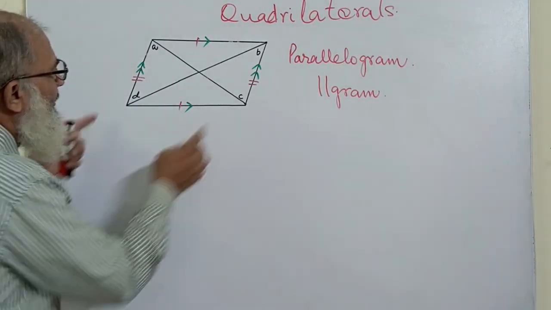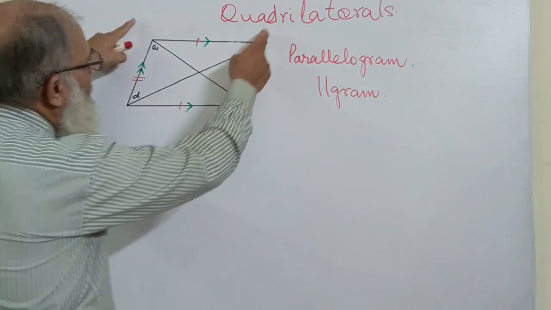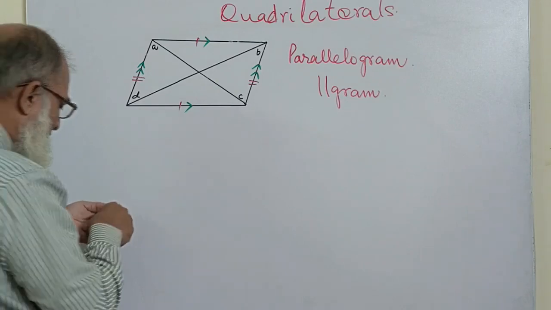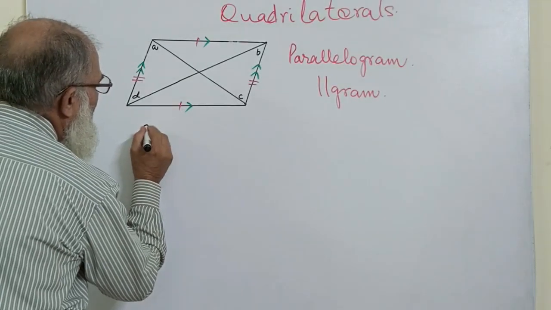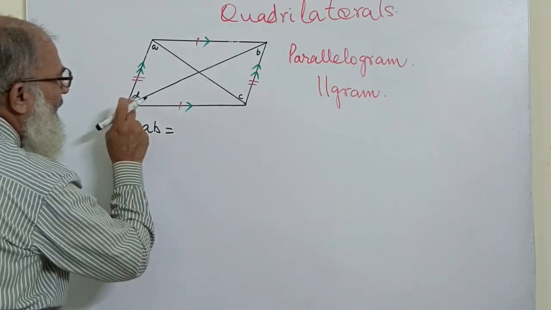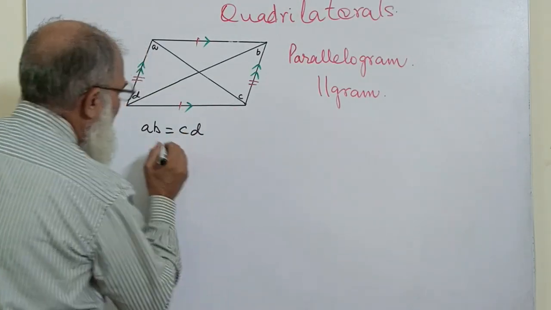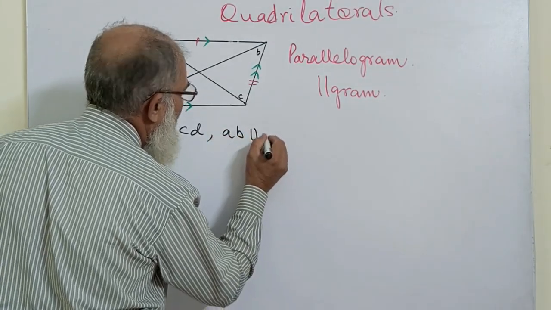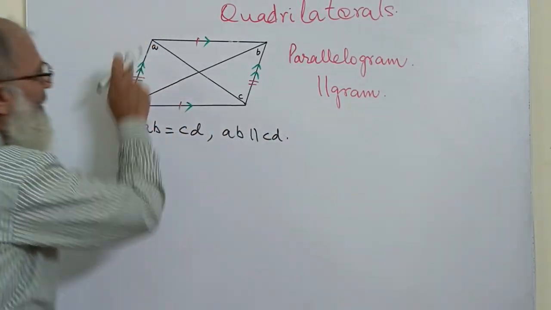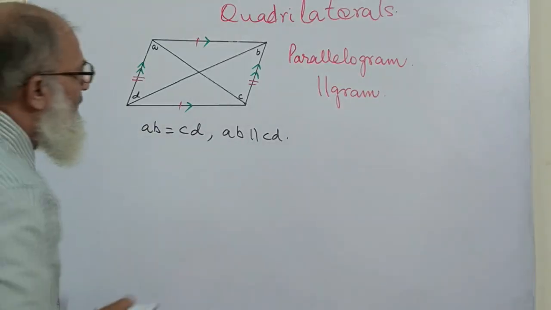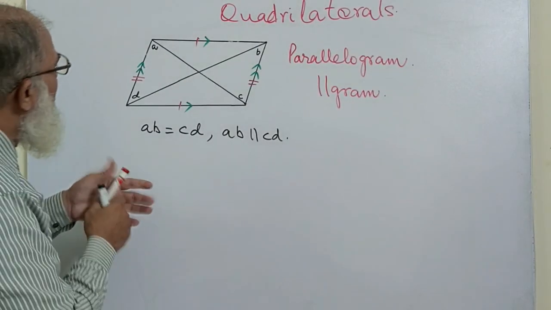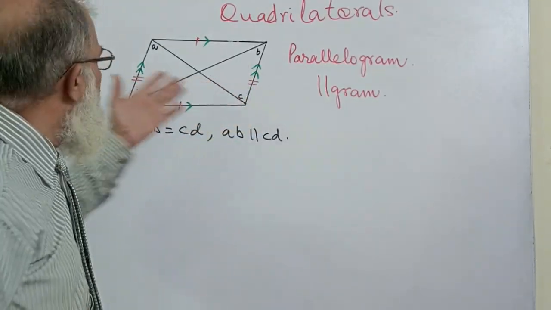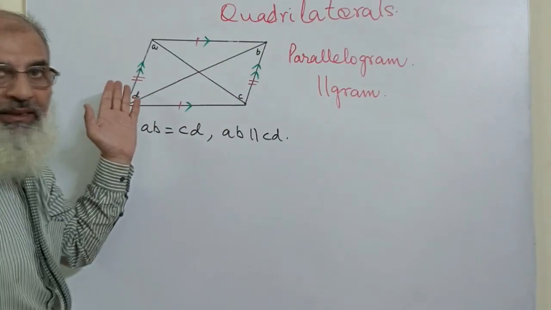So we can say that the opposite sides of the parallelogram, let me say, AB is equal to CD, and AB is also parallel to CD. Similarly, you can see that there are two signs which indicate that these are again parallel lines.